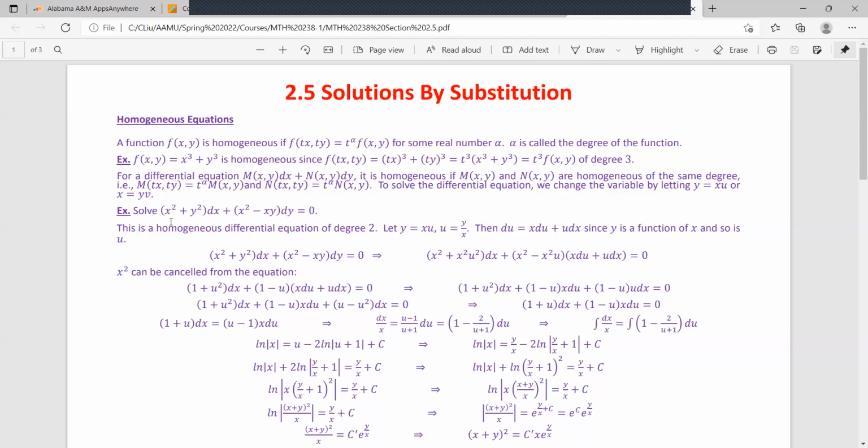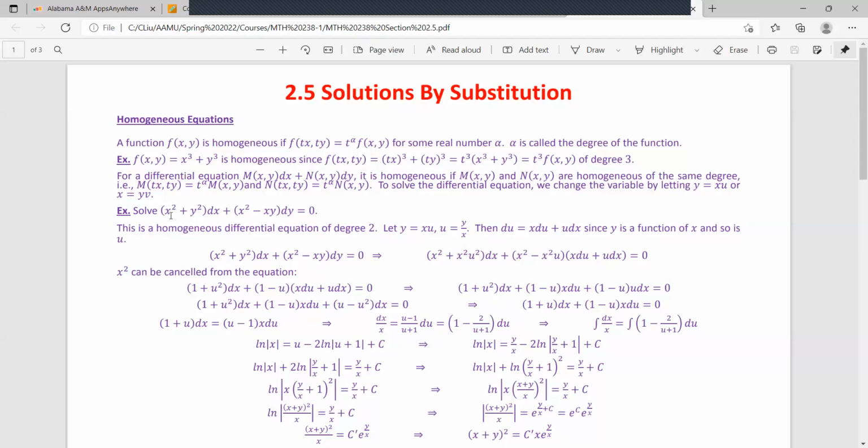So that's the idea. So let's do one example. Suppose the differential equation we have is (x squared plus y squared) dx plus (x squared minus xy) dy equal to 0. So first, identify this equation as a homogeneous equation. You can see x squared, y squared, xy. If we use the definition of homogeneous equations, all of those terms are homogeneous with degree 2.